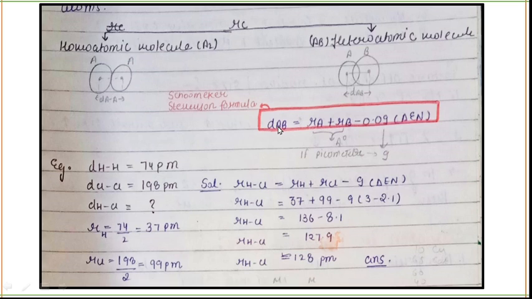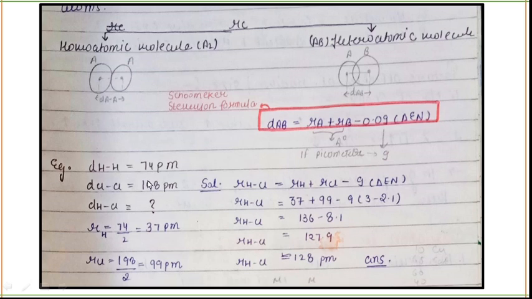So basically you are given two atoms, A and B. This formula is applicable for heteroatomic molecules, which are made up of atom A and atom B. To understand this formula, let's take an example. You are given that the distance between hydrogen and hydrogen atom is 74 picometer.